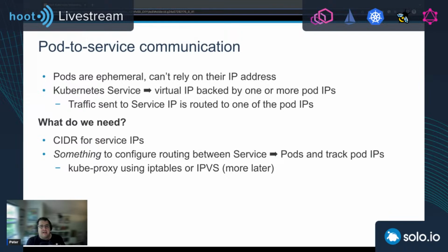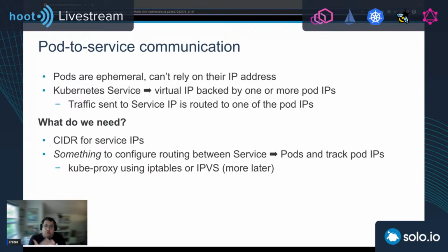Second one is, how do we route the traffic that's sent to the service IP from that IP to the backing pods? And the third one is, how do we keep track of the pods that are backing the service? We know that, as I said, pods will come and go. We might scale out, we might add multiple replicas.